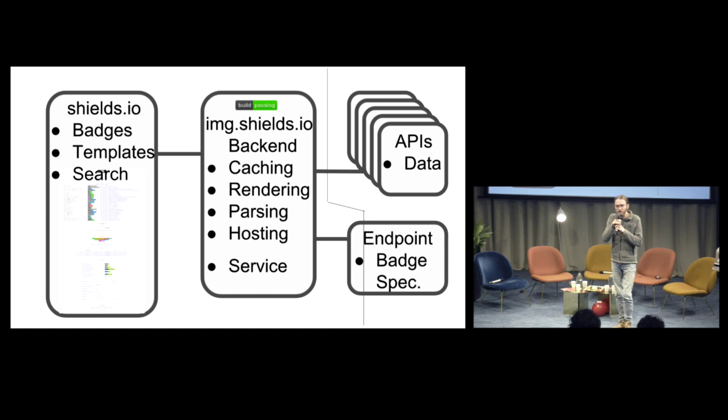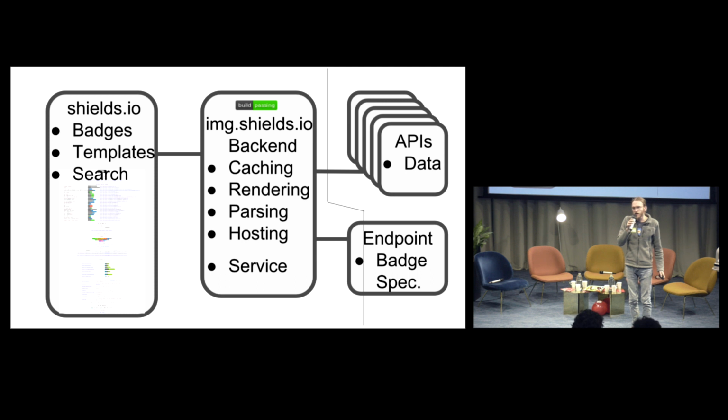And then this goes to the back end. And in the back end you have the caching, the rendering of the badges, so they all look similar. And you also have parsing of API data, which is there, and people host it for you. If you contribute, your badge will be hosted.